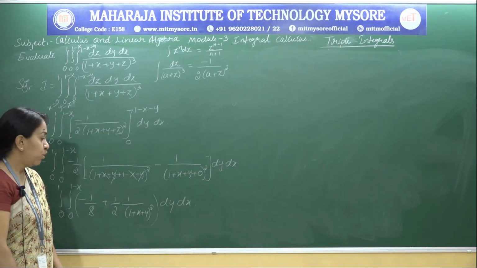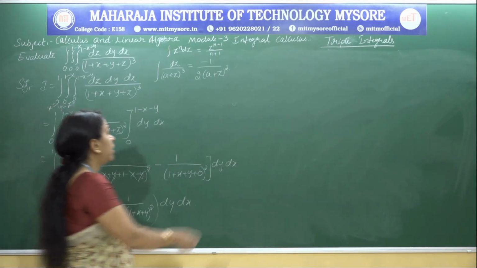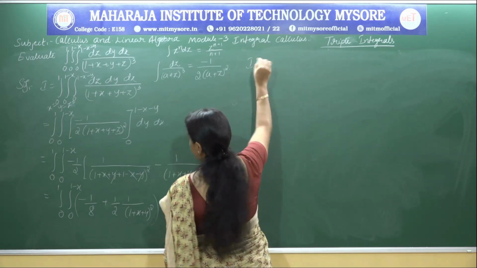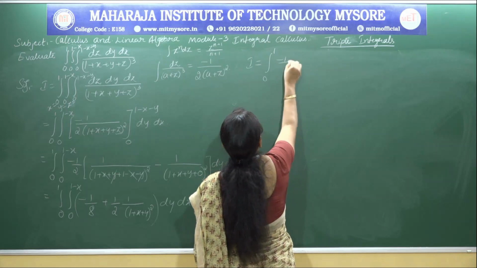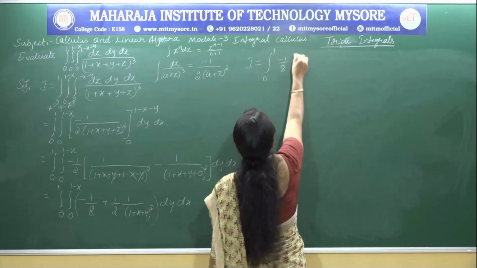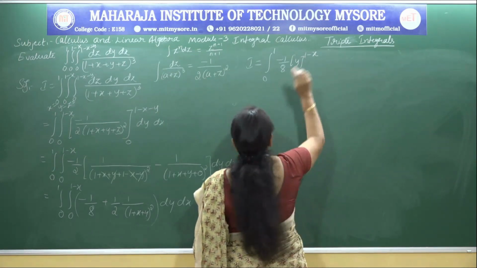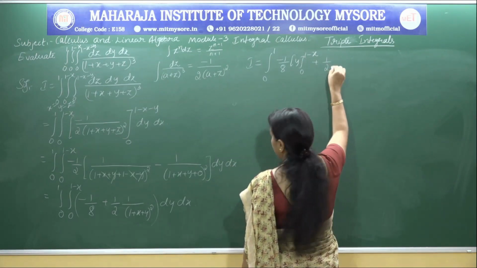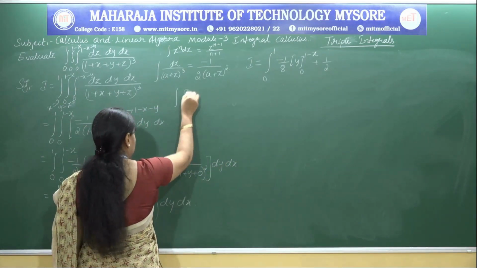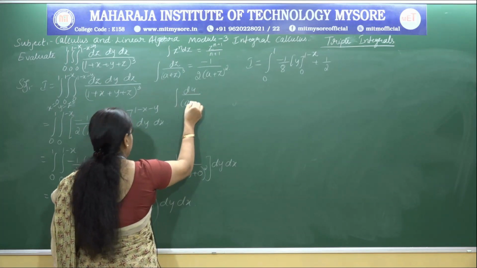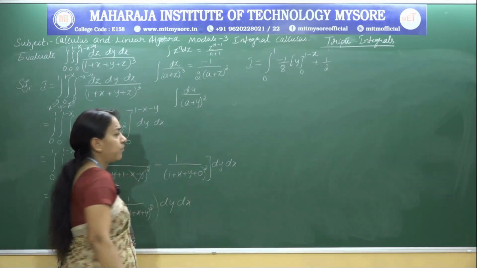Now integrate with respect to y, keeping x constant. That is, integral I reduced to integral 0 to 1 minus 1 by 8 constant, integral of dy is y between the limit 0 to 1 minus x plus 1 by 2 into integral of, now this looks like this, integral dy by some constant a plus y whole square.